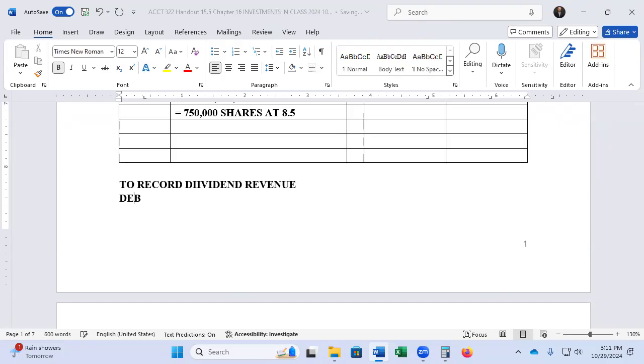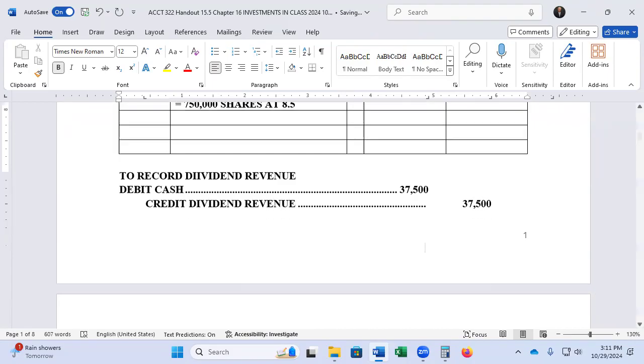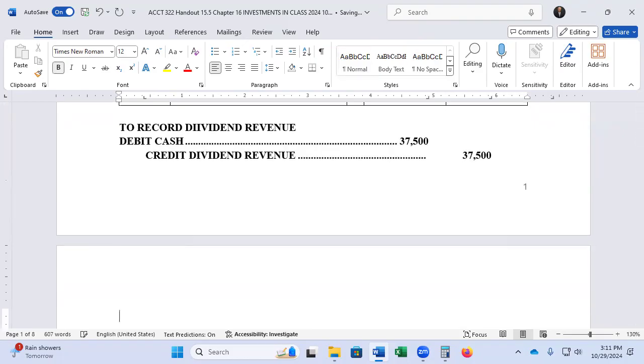And so you would debit cash for 37,500, and you would credit dividend revenue for 37,500. And you calculate that, the 250,000 times 15% equals 37,500.